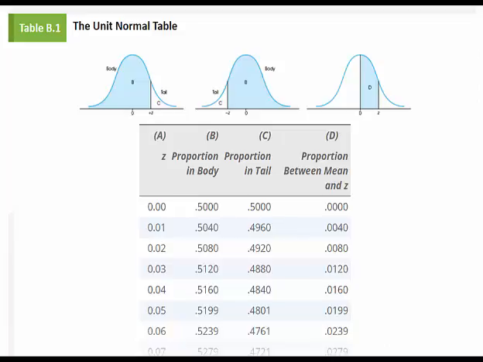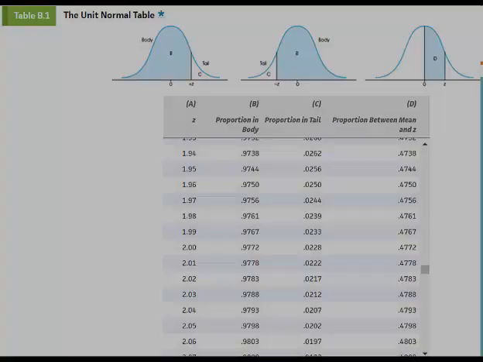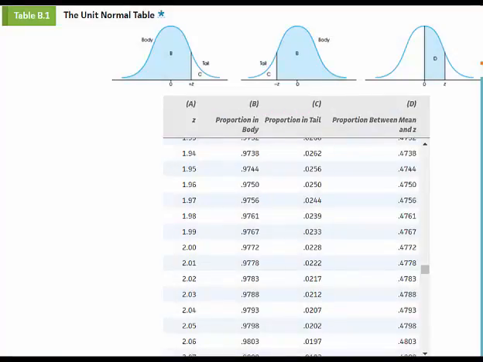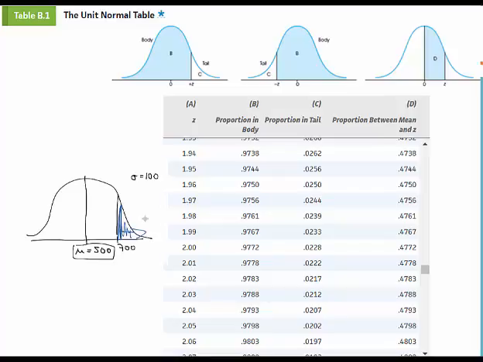So the body refers to the big part right here, and the tail is either above the mean, the tail's right here, and below the mean, the tail's right here. And then the proportion between mean and Z, which is column D, you can see the image right here. So let's find the proportion for our question where X is larger than 700. Again, we had a Z-score of 2, and this is what it looked like.